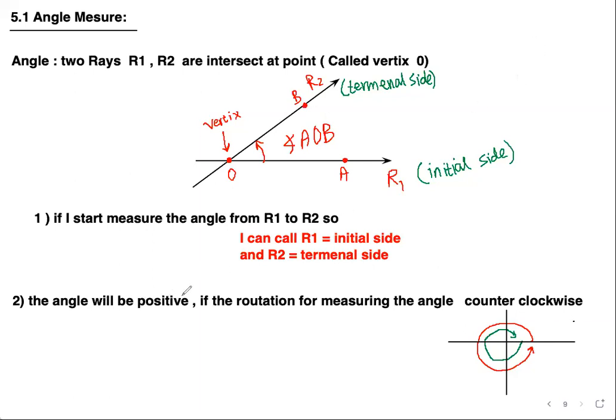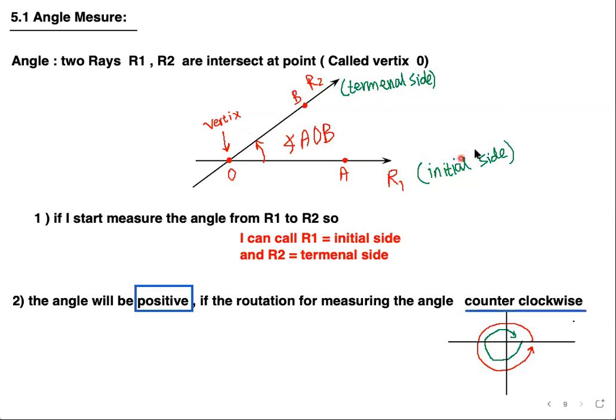So the angle will be positive. This is very important here. The angle should be positive if the rotation for measuring the angle is counterclockwise. If it's clockwise, the angle will be negative. So here, for example, it is counterclockwise. Why?